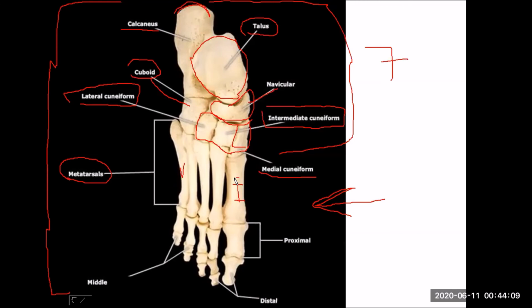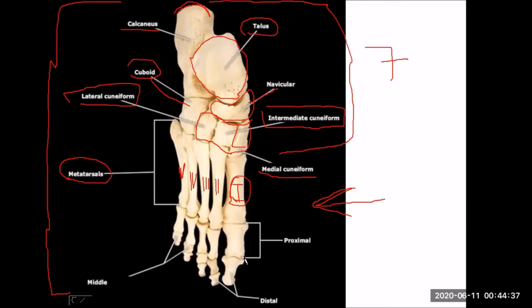So the name of this bone right here is metatarsal, and then Roman numeral 1. And the next one, metatarsal 2, metatarsal 3, metatarsal 4, written like so, IV, and then metatarsal 5. So that's the proper way for the numbering system.